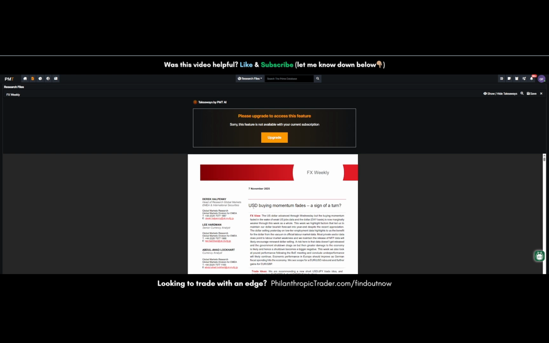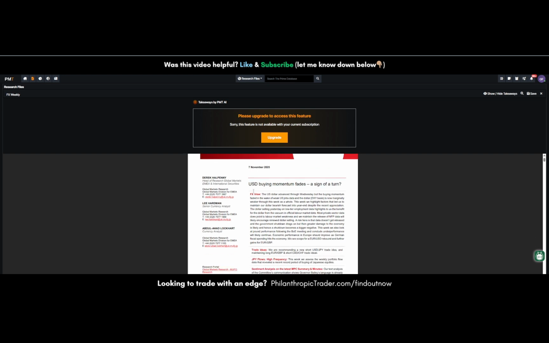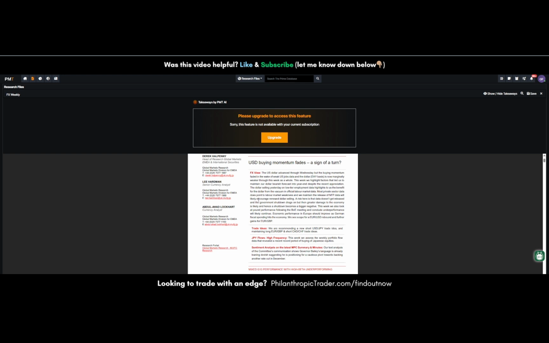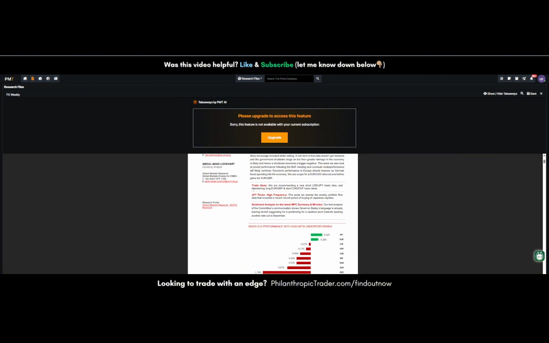And over here we see USD buying momentum fades, a sign of a turn, and they just go in depth on what they see, all kind of fundamental ideas, etc. And they also present trading ideas. Over here we see that they recommend a short USD JPY trading idea, and they go long Euro GBP and short CAD CHF.